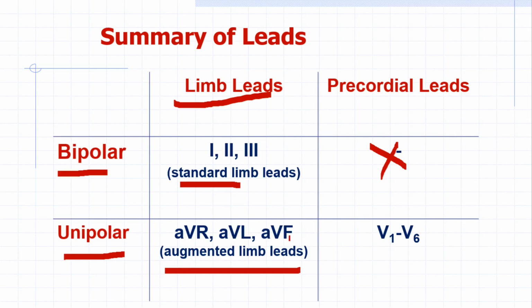The R, L and F are suffixes used for right arm, left arm and left foot respectively. These are the three augmented limb leads, and there are six chest or precordial leads, V1, V2, V3, V4, V5 and V6. So the total becomes these 12 leads.